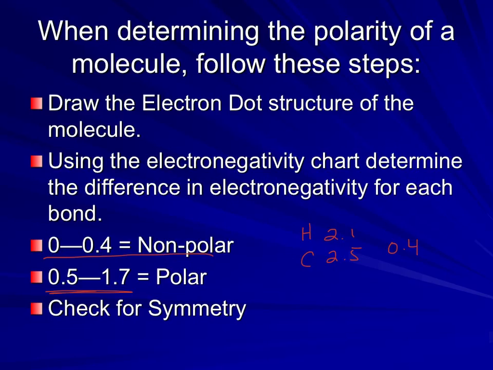Then the last thing: if everything falls between 0 and 0.4, regardless of the shape, it is going to be a nonpolar molecule. If you find anything between 0.5 and 1.7 as far as electronegativity differences, then you have to check for symmetry. Because if all of the dipole moments cancel each other out, then we still call it nonpolar.